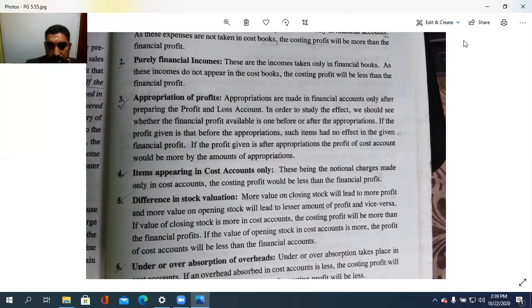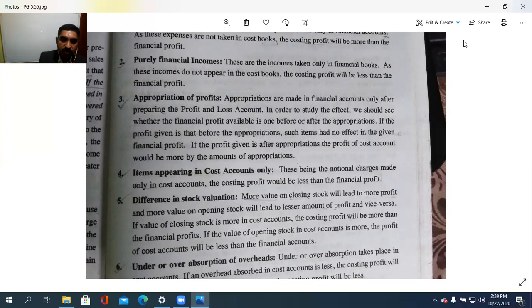Then difference in stock valuation. More value on the closing stock will lead to more profit, and more value on the opening stock will lead to a lesser amount of profit, and vice versa. So more value in the closing stock denotes more profit, while more value in the opening stock denotes a lesser amount of profit. The opposite is also the case.